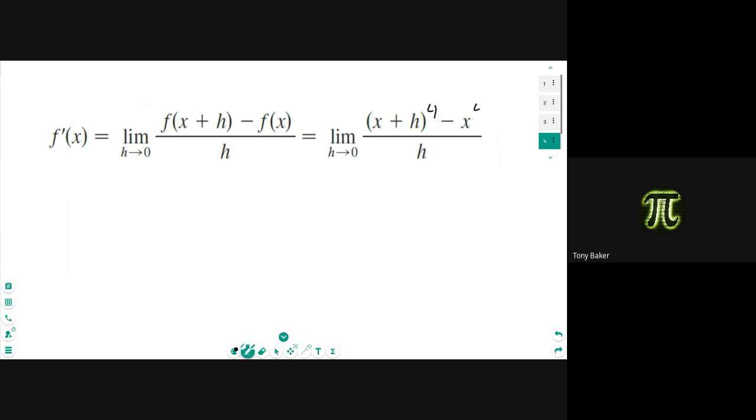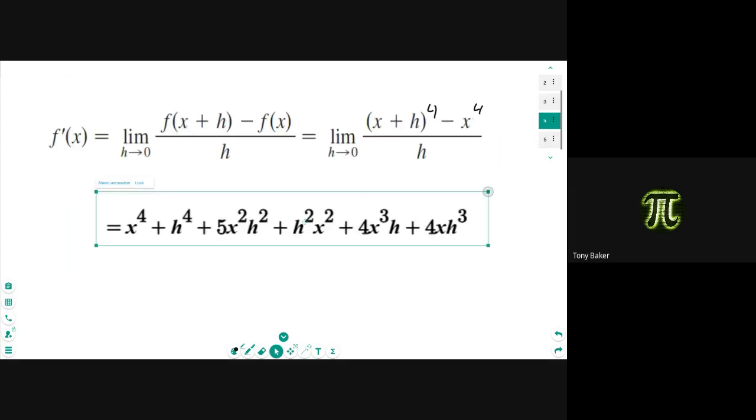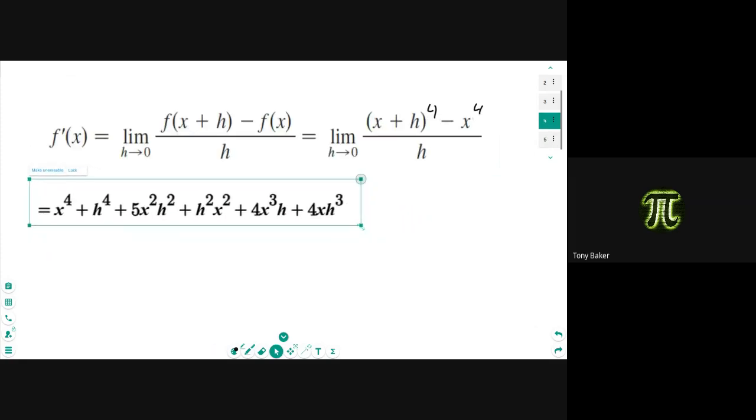So you just did f of x plus h to the 4th power, which was here. We just did that. And we're going to subtract the x to the fourth on the top there.